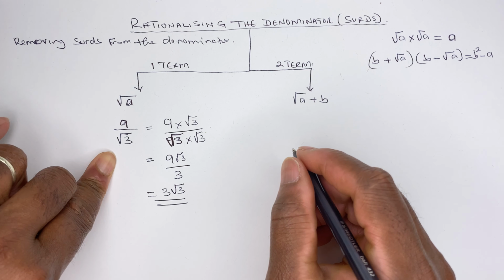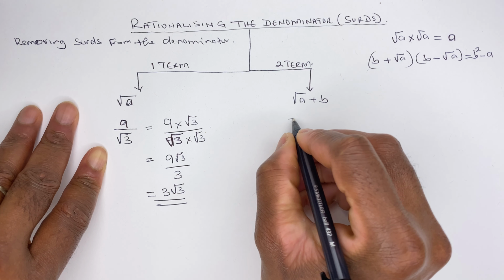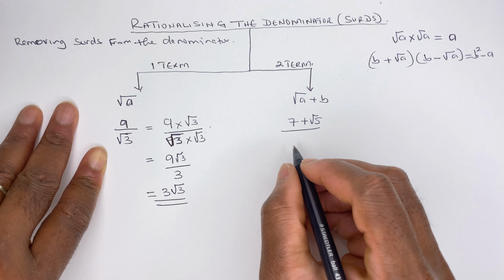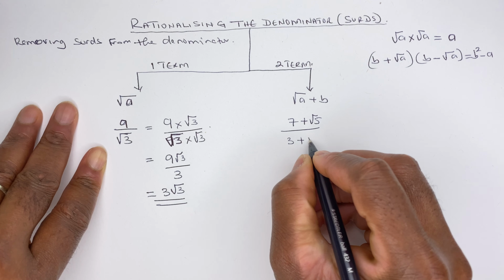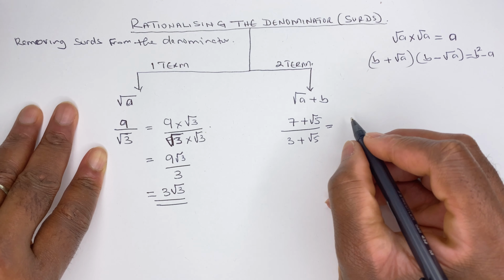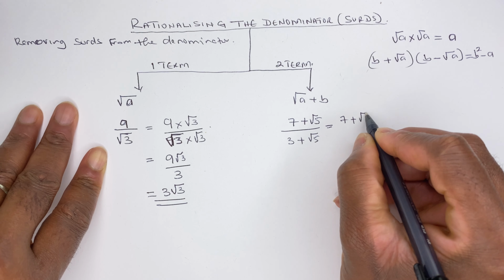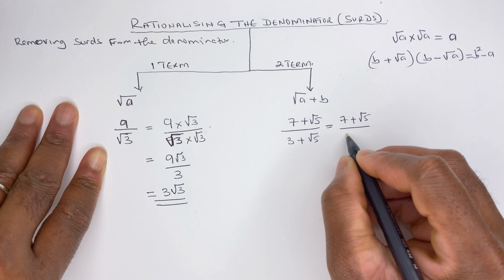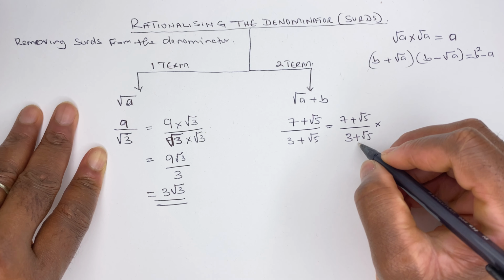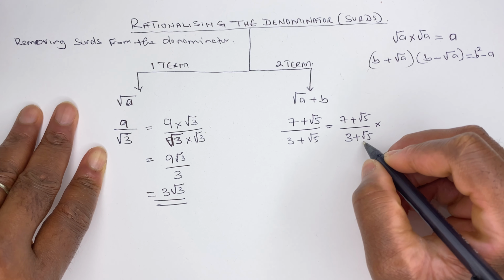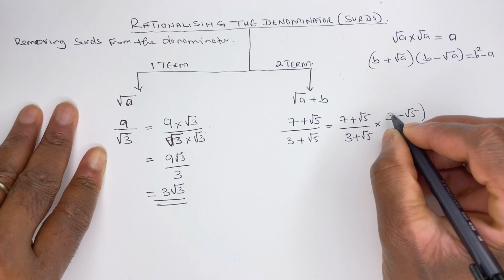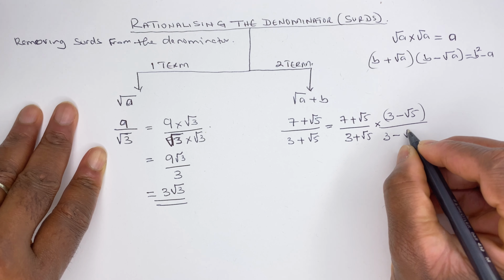With a two-term denominator, if we have 7 plus root 5 over 3 plus root 5, and I need to eliminate the denominator surd, I need to multiply both the numerator and denominator by the conjugate pair of the bottom denominator, so 3 minus root 5 over 3 minus root 5.